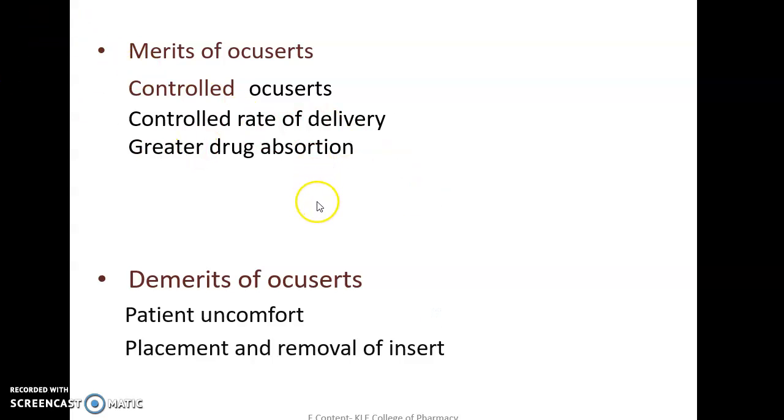Its merits are controlled-rate drug delivery and greater drug absorption. Its demerits are patient discomfort and difficult placement and removal of the insert.